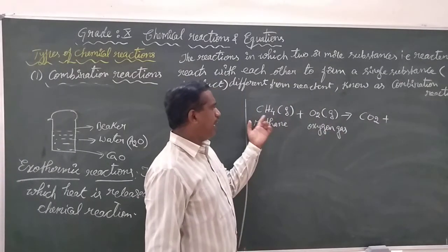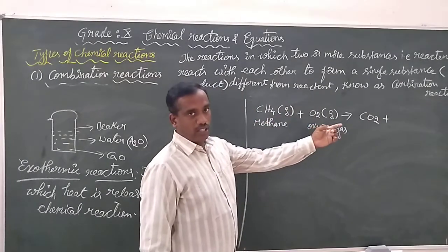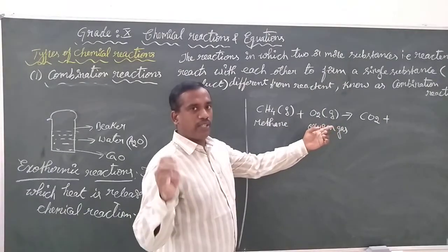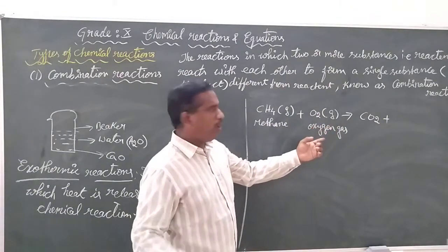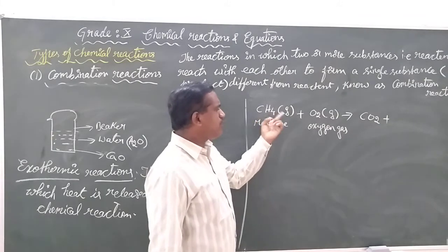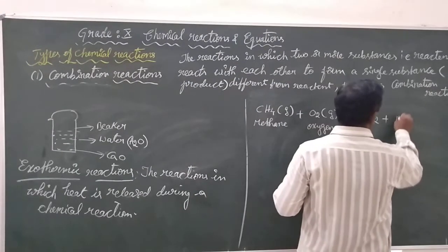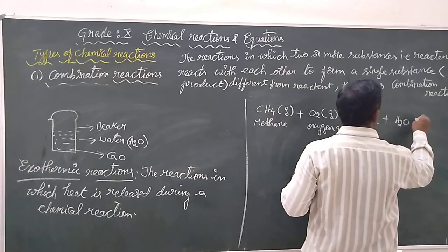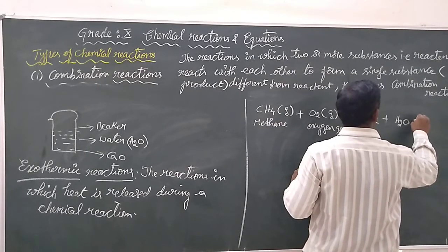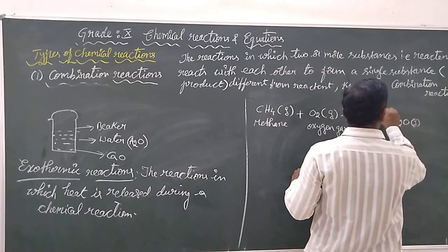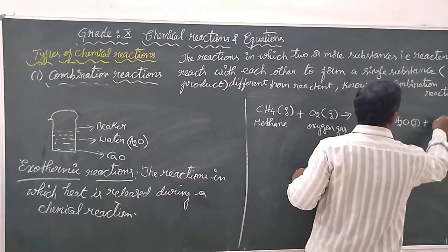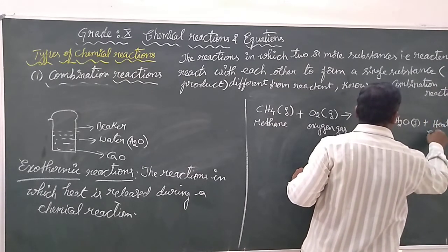See children, I have given carbon dioxide, which we don't observe because the amount emitted is very small, and it is going to form water. This will be in the gaseous state. Along with that, heat energy is released.